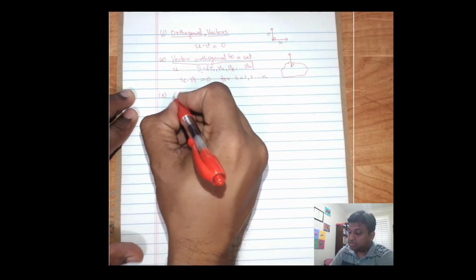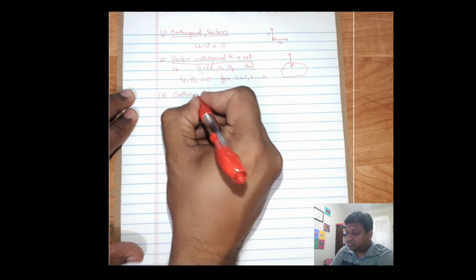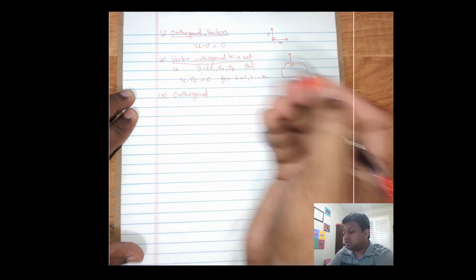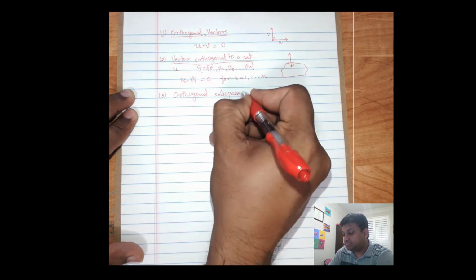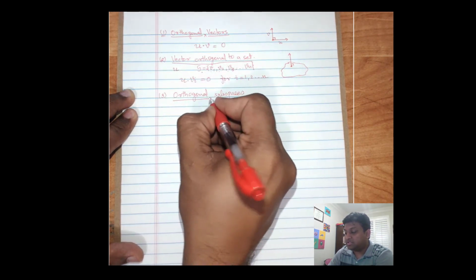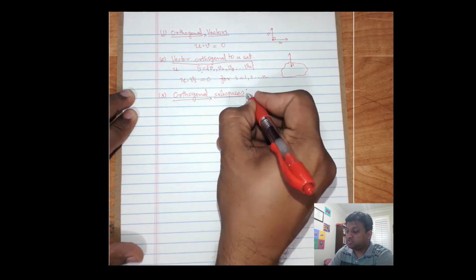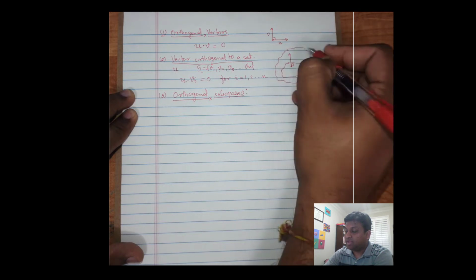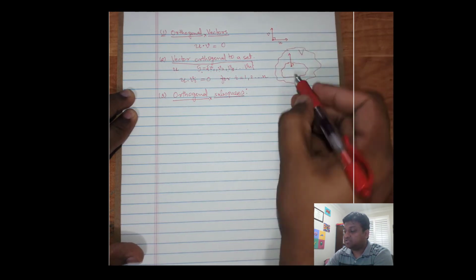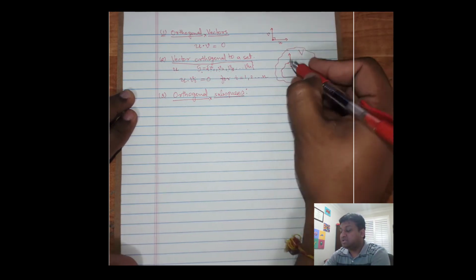Or let's call them orthogonal subspaces. We were talking about all these things in terms of vector spaces. So let's say you have a vector space V, and inside it you have a small subspace.